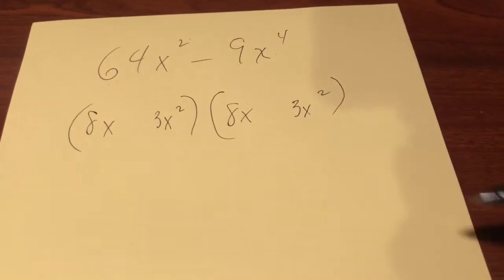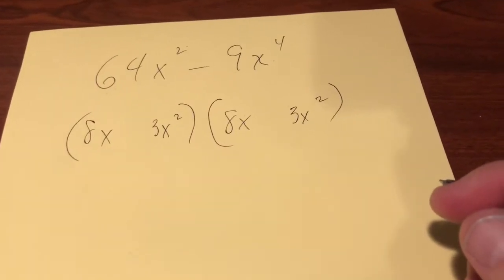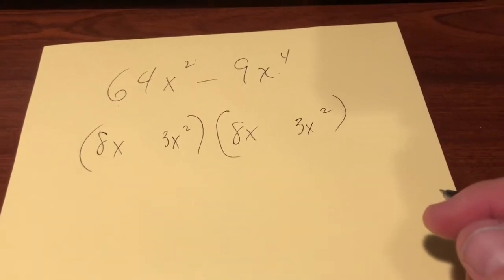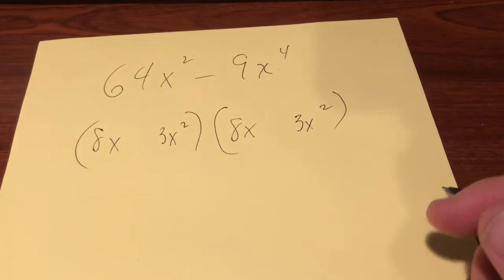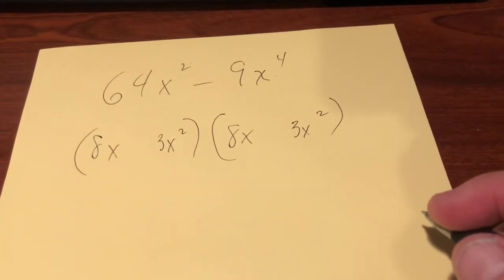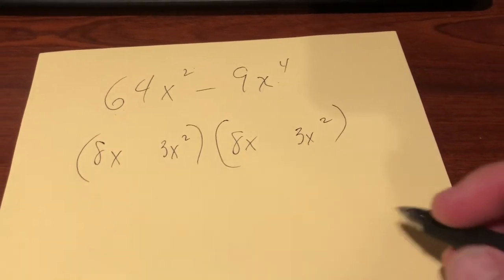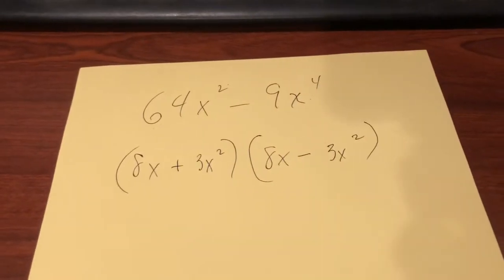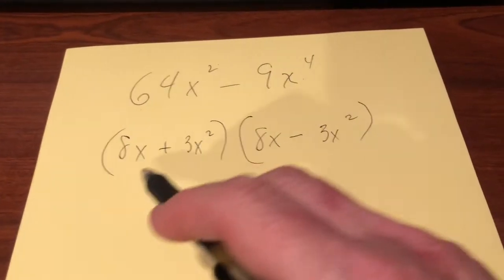Okay, so how do we eliminate that middle term in a trinomial? Well, it would be where you would have two equal terms that were subtracted from each other, is the way I'm trying to say it. So if we went like this, and we made that negative and that plus, watch what happens to the middle term.